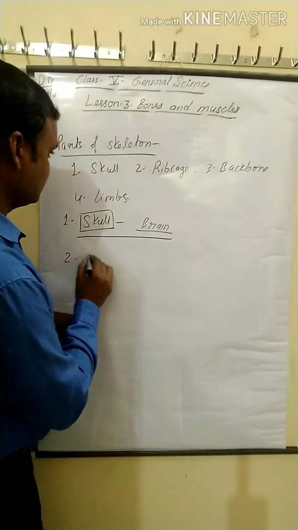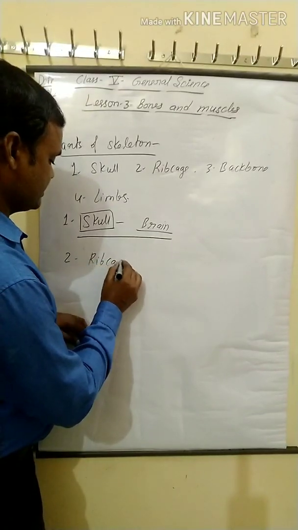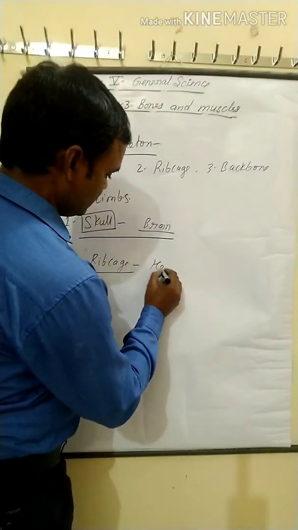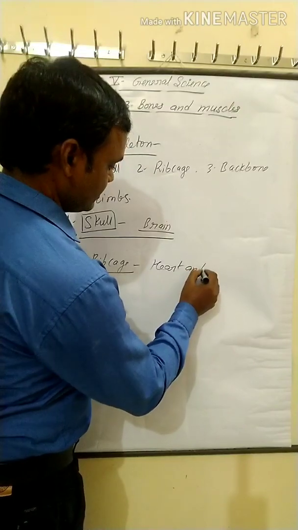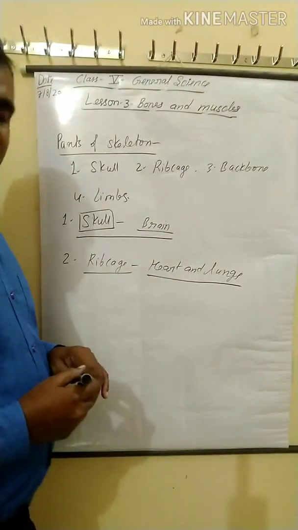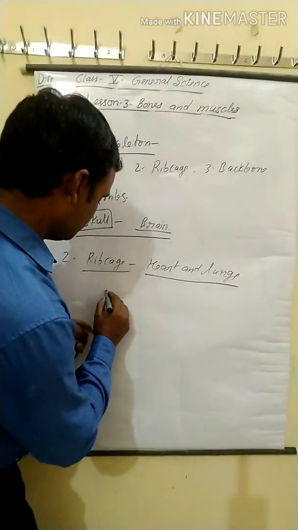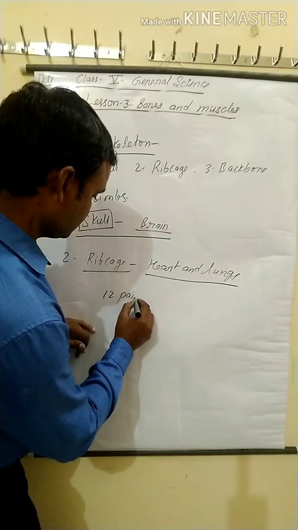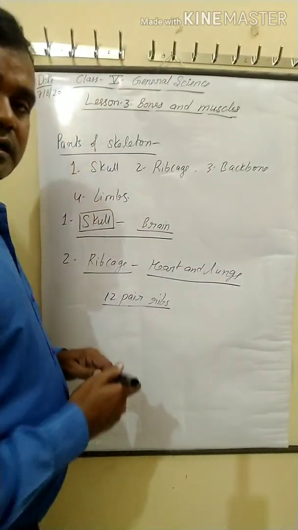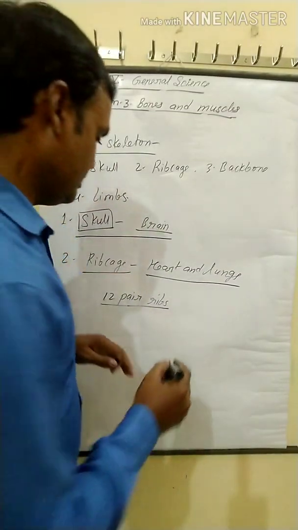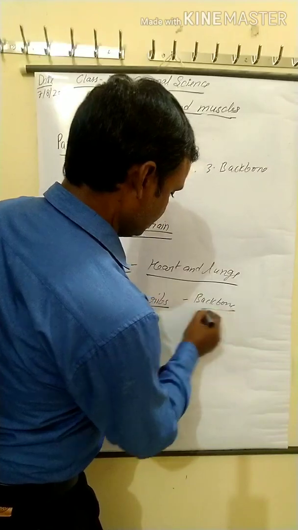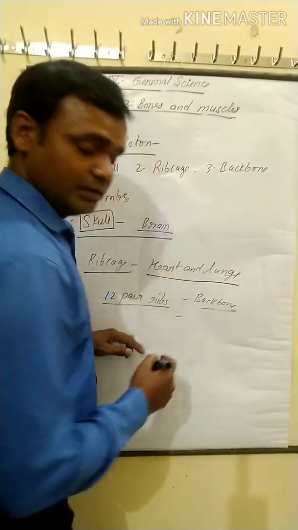Now next topic, rib cage. The rib cage protects the heart and lungs. In the rib cage, 12 pairs of ribs are found. How many pairs? 12 pairs. At the back they attach to the backbone, and in front they attach to the breastbone.